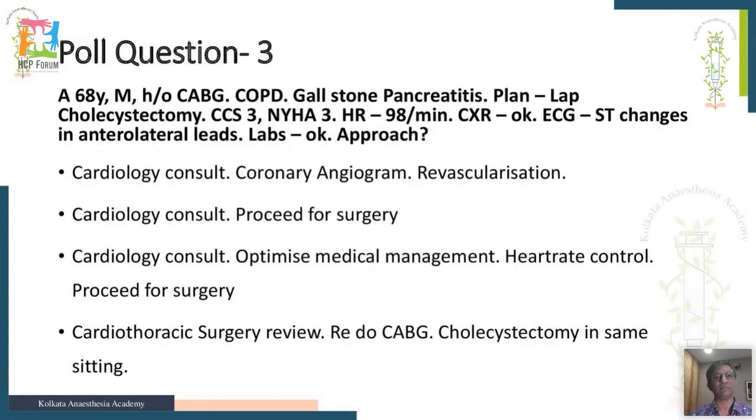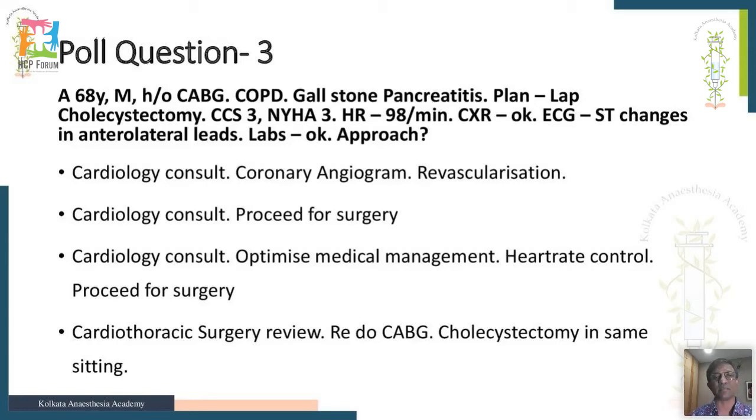All right. So the third poll question, this is a kind of your approach. There is a 68-year-old male with a history of CABG done. Also a known case of COPD and has developed gallstone pancreatitis and is being posted for laparoscopic cholecystectomy.